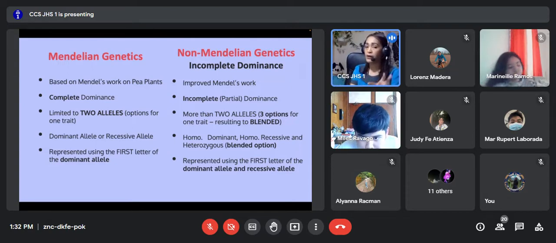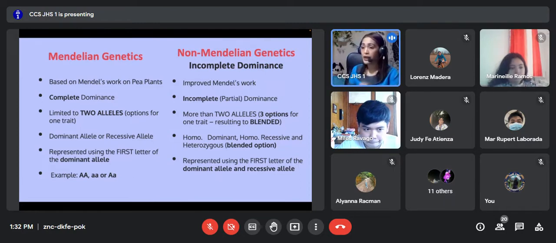So I'm only comparing the two. For incomplete dominance, your possible genotypes are capital A, small a, or a combination of a capital and a small letter, which means it's heterozygous. But you are only using one specific letter, and they only differ in terms of capitalization.